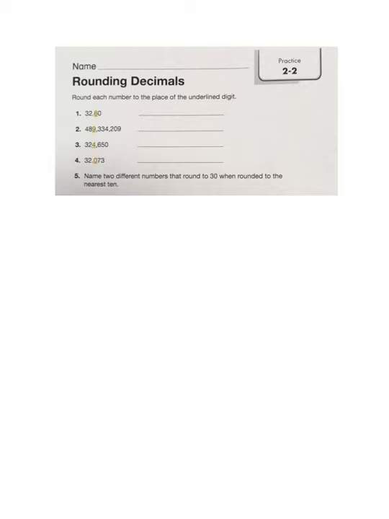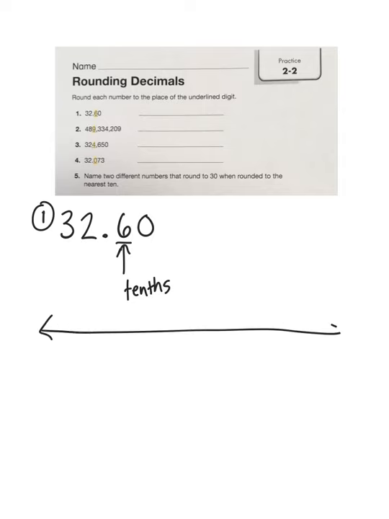So for number 1, we're going to round 32 and 60 hundredths to the nearest tenths place. This is the tenths place. In order to do that, I need to decide if 32 and 60 hundredths is closer to 32 and 6 tenths, or if it's close to 32 and 7 tenths.